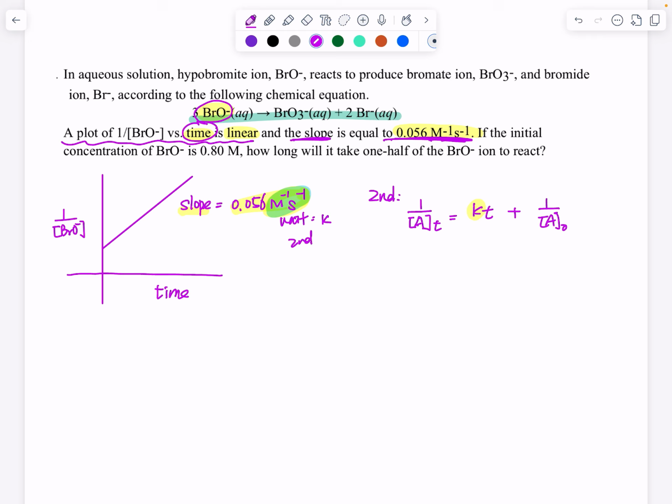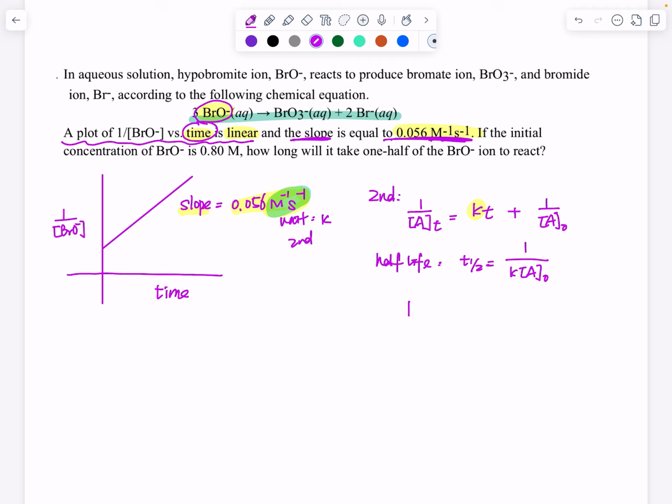And of course, once we work on a second order reaction, we should remind ourselves what else we are supposed to know. We should also know the half-life. Half-life for second order is what? The half-life of second order equals 1 over k times the initial concentration.